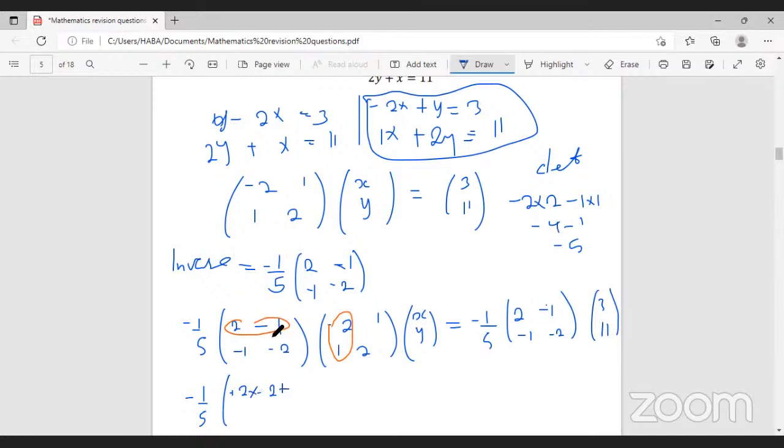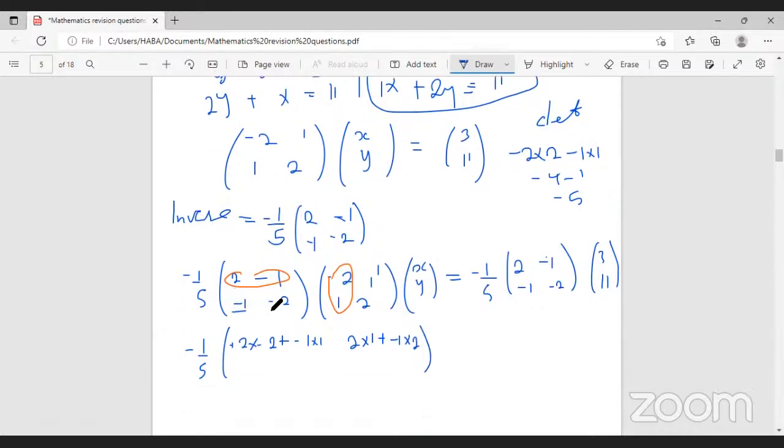Then we add -1 times. Then we go to the second row: 2 times 1 plus -1 times 2.